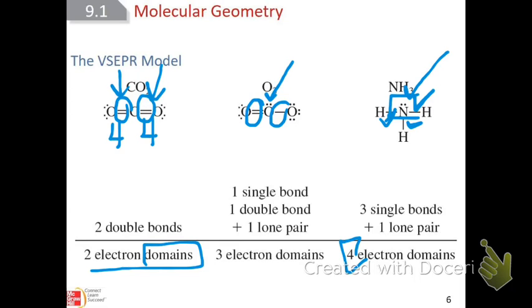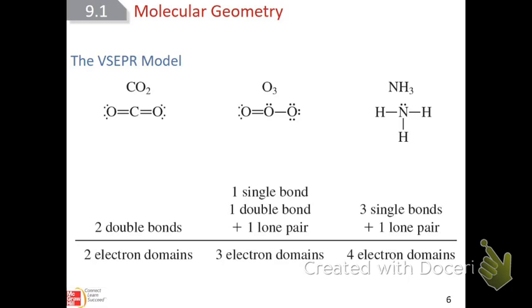In your textbook, on page 366, it shows this, and those electron domains determine the overall shape. Okay, the VSEPR model predicts that these electron domains are going to repel each other, so they're going to arrange themselves so that they're as far apart as they can possibly get.